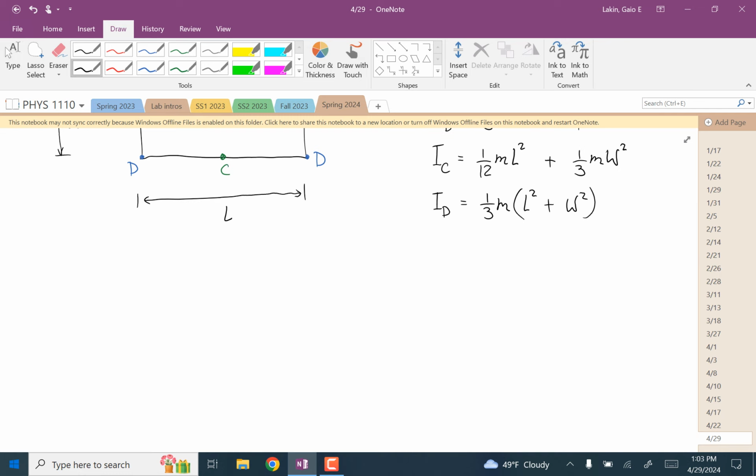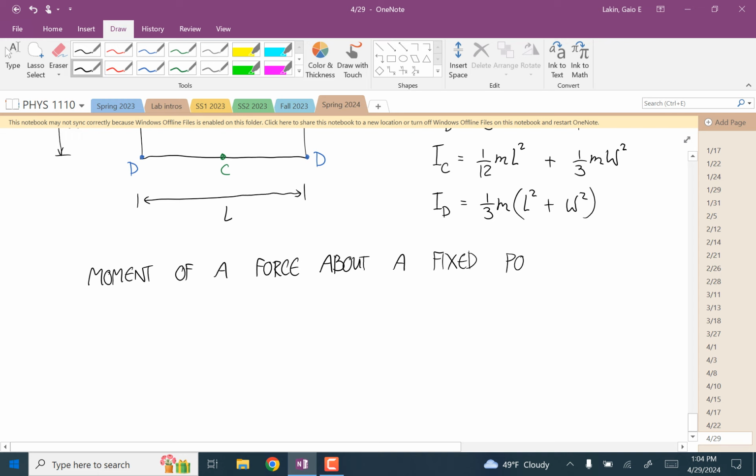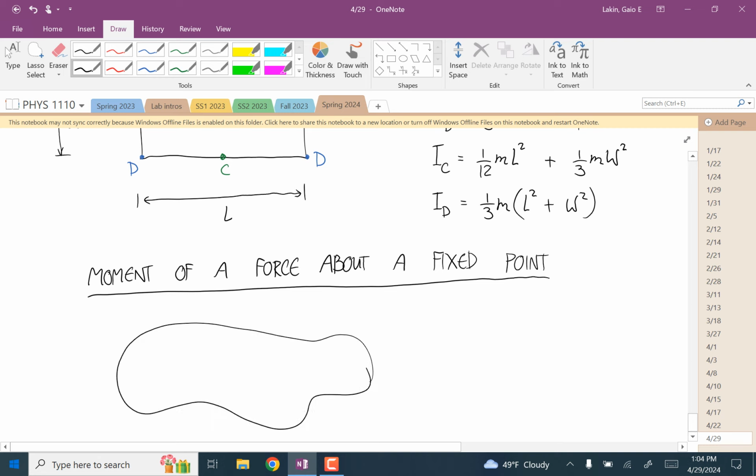So now the last thing I have to define before we can use that rotational version of Newton's second law is the moment of a force about a fixed point. And the way it works is if you have a body, this is just supposed to be some random object.